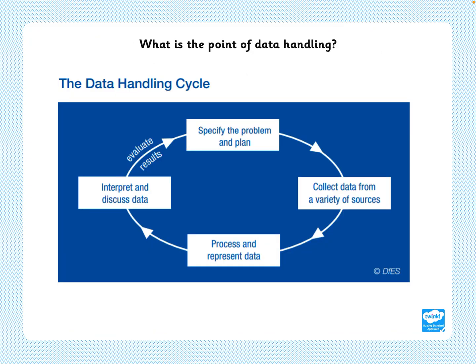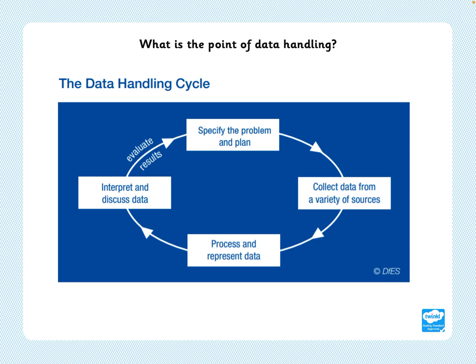So the point of data handling is that we need to identify a problem. Last week I spoke about how one of the problems that was identified in the eco group was that there was a lot of traffic outside the school. You then need to collect your data. So we collected data on the methods in which people went to school. We then processed and represented that data by putting it into a chart and then a graph.